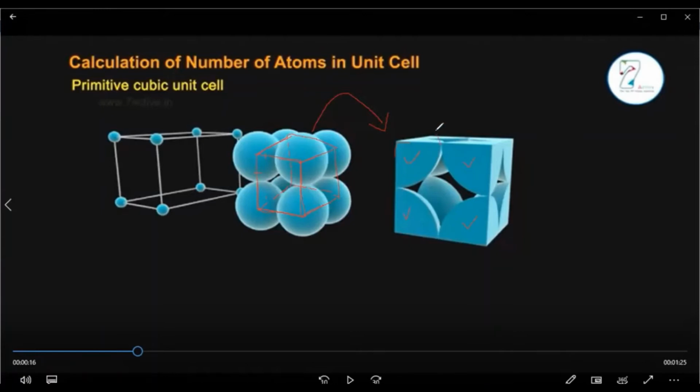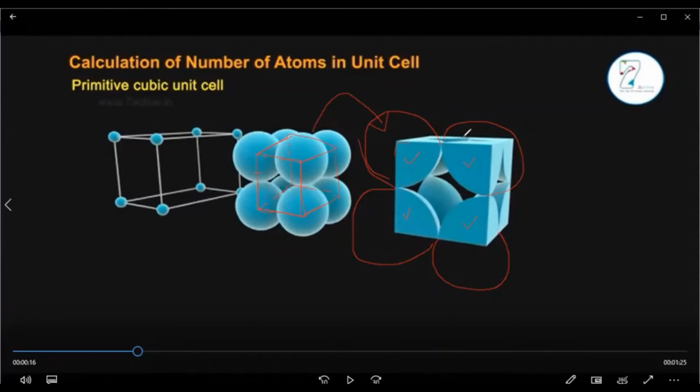So this atom will be something like this, okay? If I assume this atom as this, this will be the atom, right? Similarly, this atom will be something like this, this atom will be something like this, and here this will be something like this. Similar case on the back side also. So front side 4, back side 4.